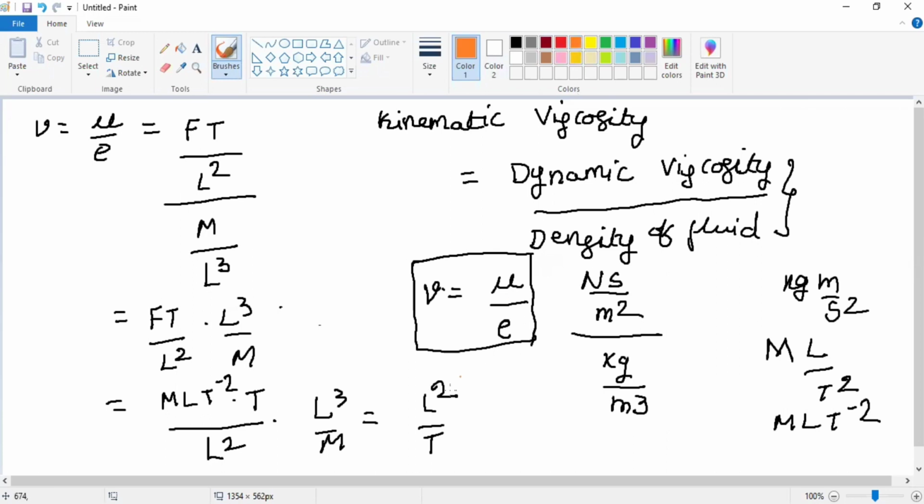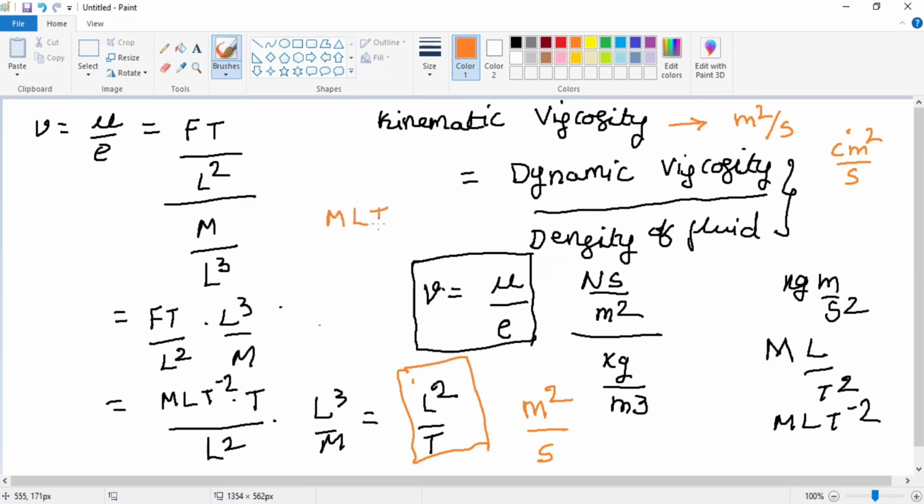So we can remember this one, L square by T. L means length, meter square, and T means second. So the units for kinematic viscosity are meter square per second or centimeter square per second. The dimensional formula is L square by T, that is in MLT, M power 0, L square, T power minus 1.